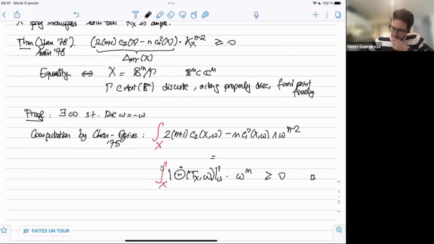Now, a few years later, in '88, about 10 years later, Simpson published a few really fundamental papers. One of them aims at providing a different view on uniformization, mostly inspired by Hitchin's paper in the case of curves, on how we can use variations of Hodge structures to detect uniformization.